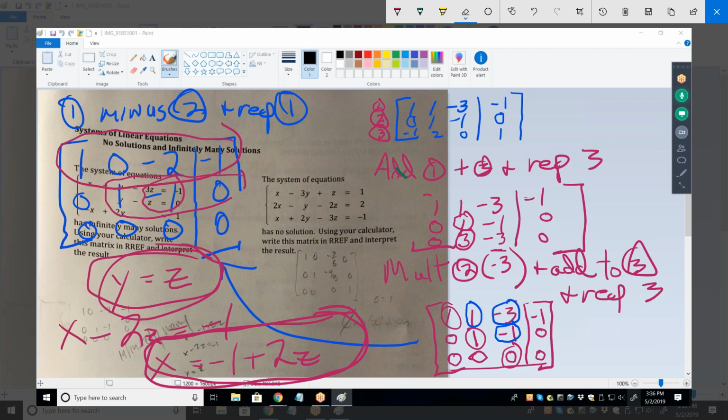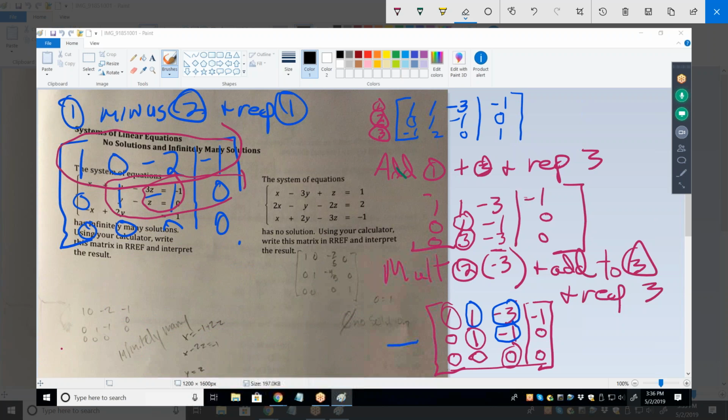So, if you put it into your calculator and you get this reduced row echelon matrix, which is this. Okay. There's the one equation, there's the second equation. 2 equations, 3 variables.